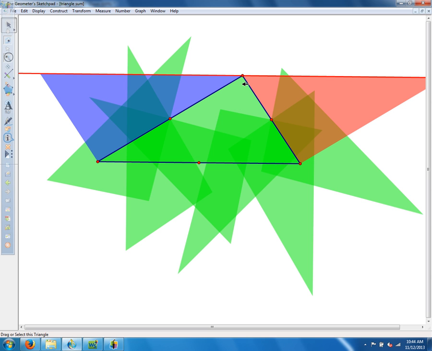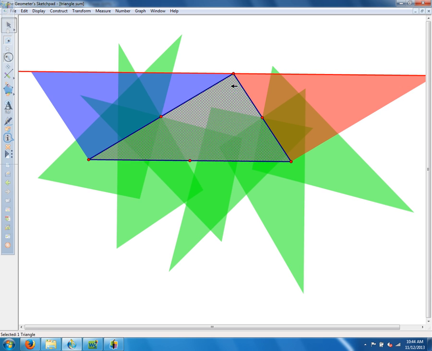And this is the third angle of the triangle. So all three of the angles of the triangle line up onto this parallel line, so they have to add up to 180 degrees. So this kind of suggests how the parallel postulate and the triangle sum theorem are related.